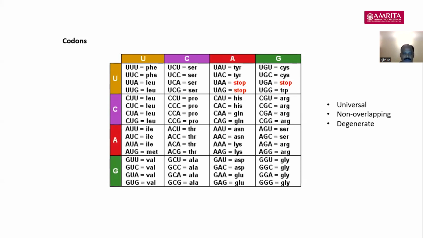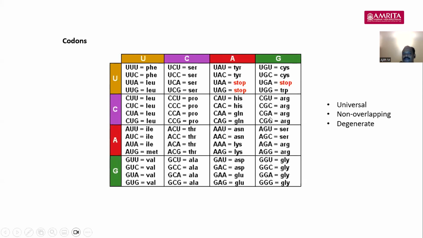This is the codon chart. All of you might know it from how you would have studied in smaller classes. This chart is a matrix. This side indicates the first codon position, this side indicates the second, and this indicates the third.